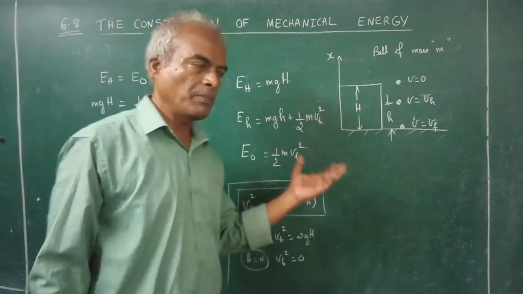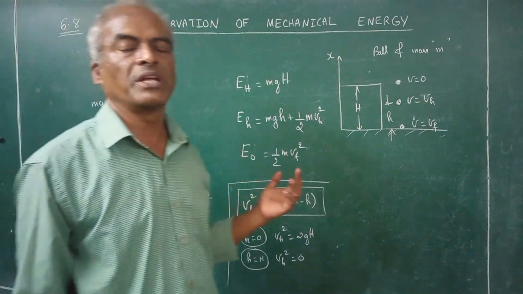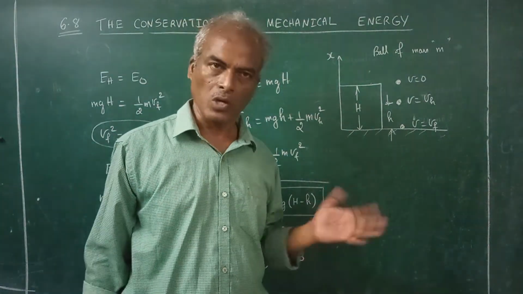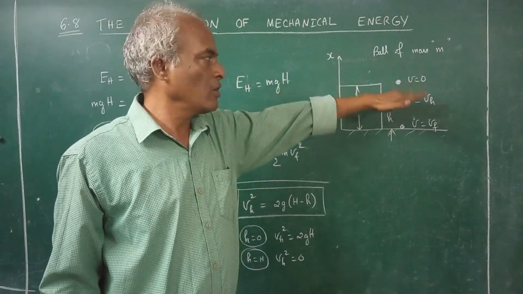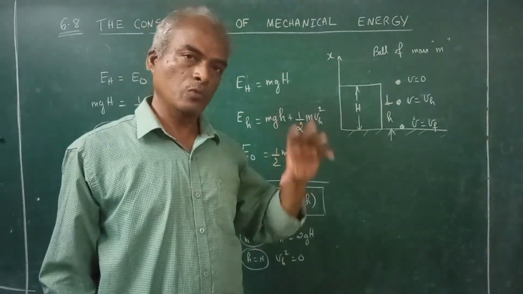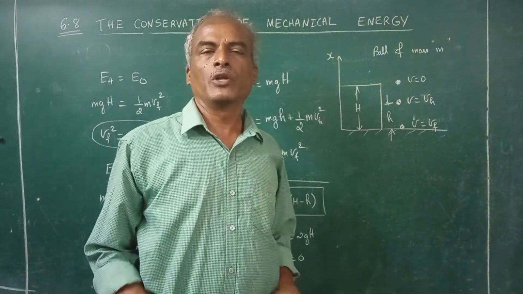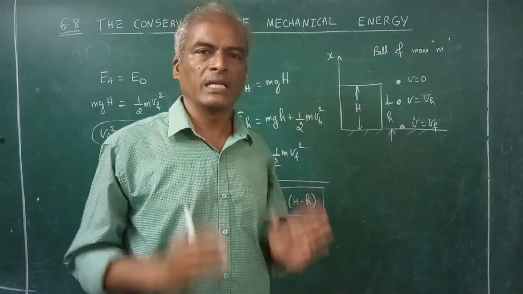So this is the basic method by which we can prove that energy can neither be created nor destroyed. One form of energy reappears in another form without loss. Initially we have potential energy. Later on at some point we have both potential energy and kinetic energy. And once it reaches the ground, we don't have any potential energy, but all the energy is in the form of kinetic energy.